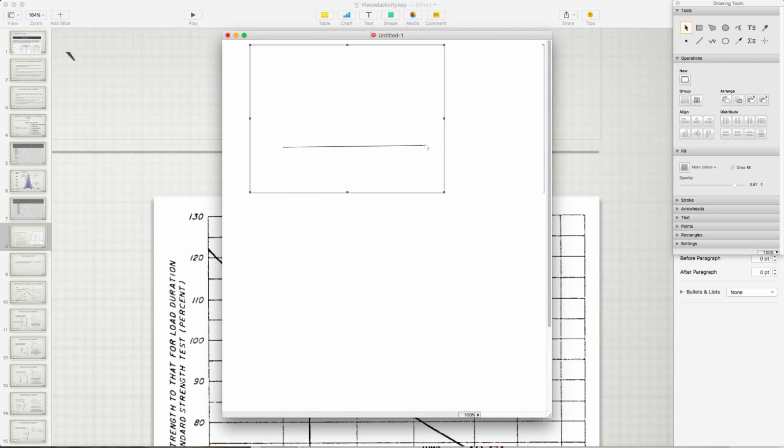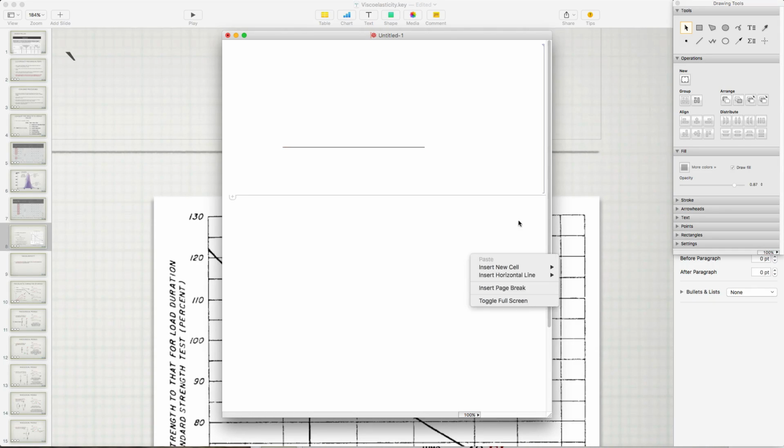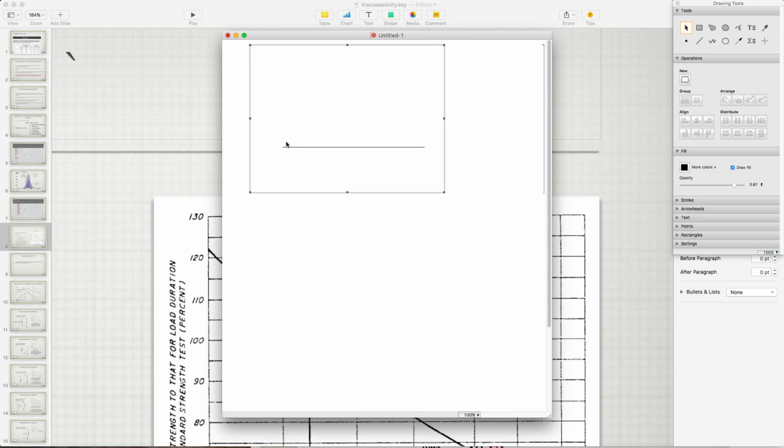All right. So let's say I've got on this axis time, and let's call this vertical axis load.